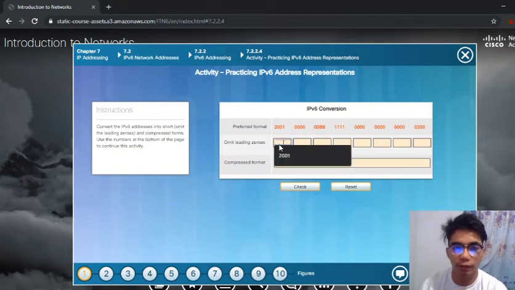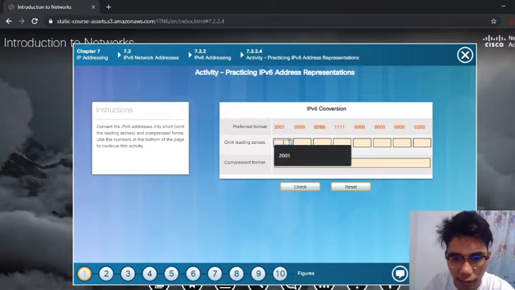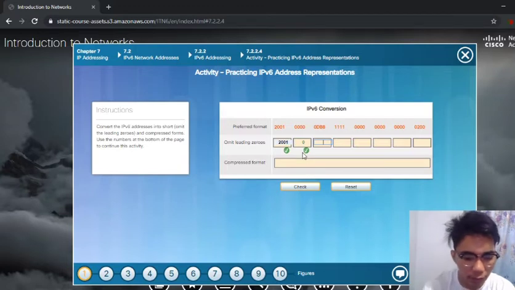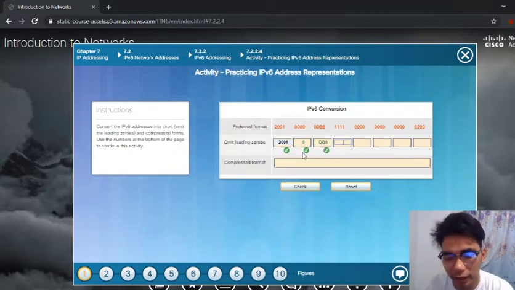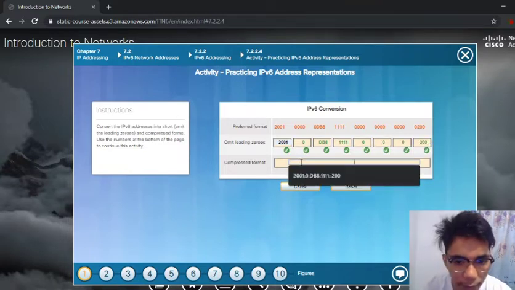So first we will omit the leading zeros, then it would be just like this, 211, then it would be 0 because only 10, because you should omit the zeros. Then we will omit the zeros, so it would be DB88, then it should be 1111 and 0000. Oh no, it's 200.